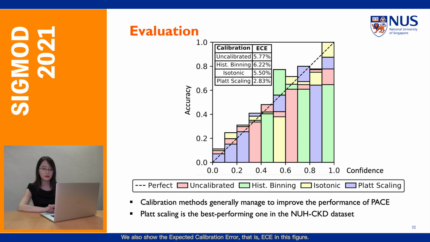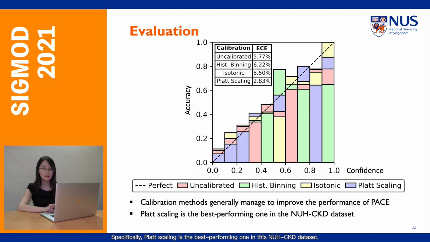We also show the expected calibration error, that is, ECE in this figure. The smaller ECE is, the better the calibration method performs. From the results, we can see that calibration methods generally manage to improve the performance of PACE in terms of ECE.